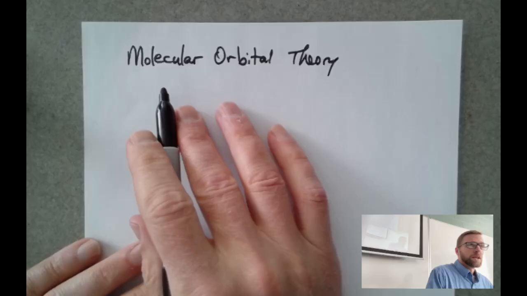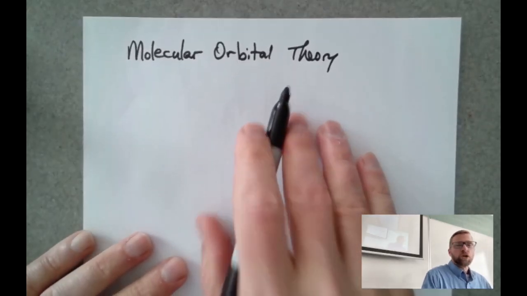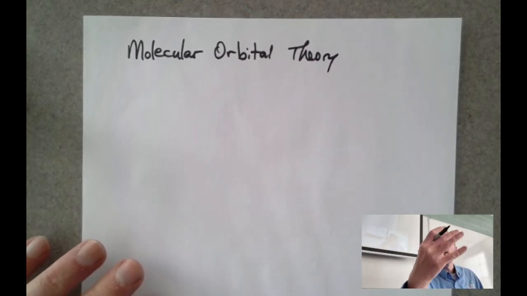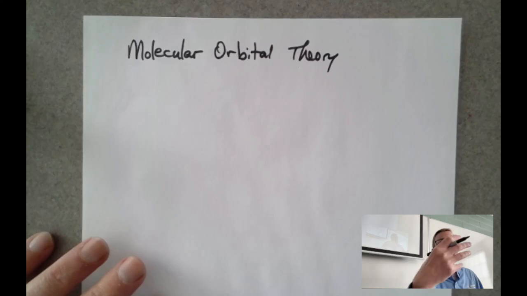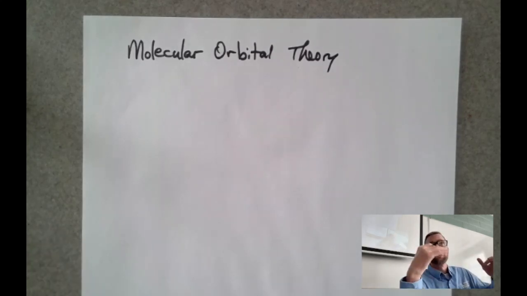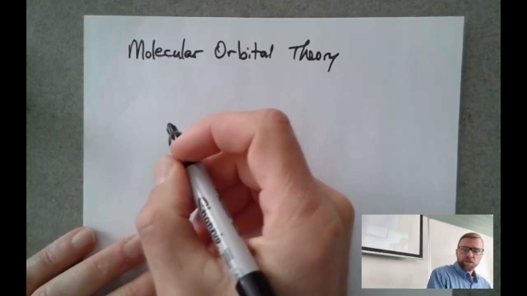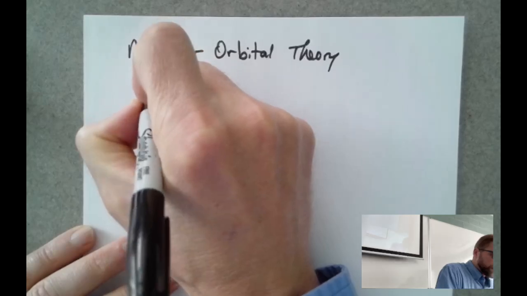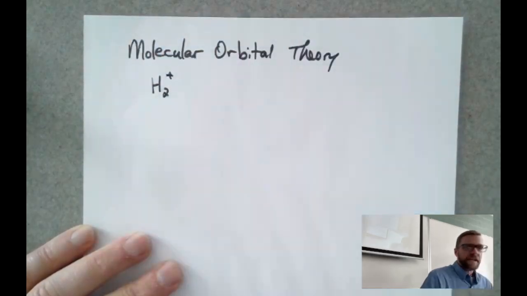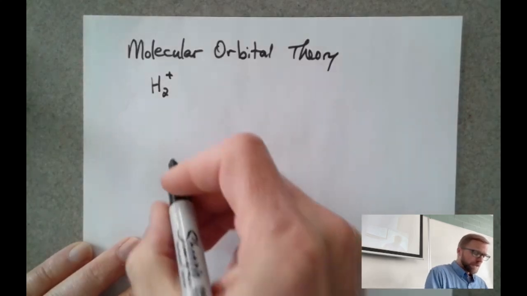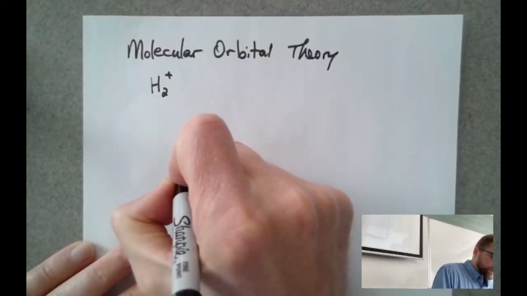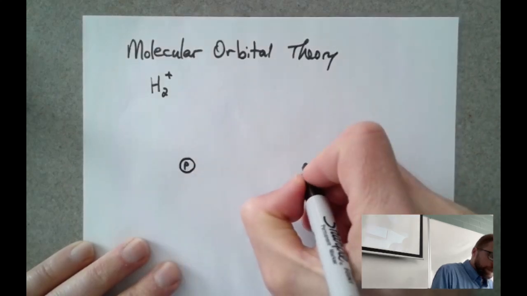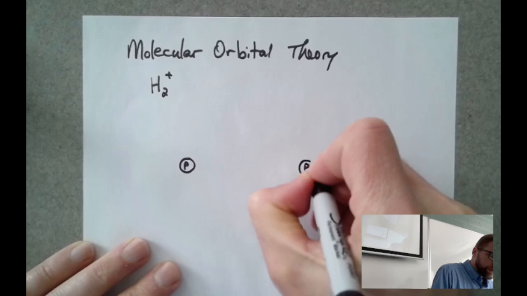Okay. Molecular orbital theory. Just like we've talked about atomic orbitals, s orbitals, p orbitals, all that stuff, there are corresponding molecular orbitals, which are a combination of all of those. Okay, and the simplest molecule is H2 plus. You've got a hydrogen atom here, which is a proton. A hydrogen atom here, which is another proton.